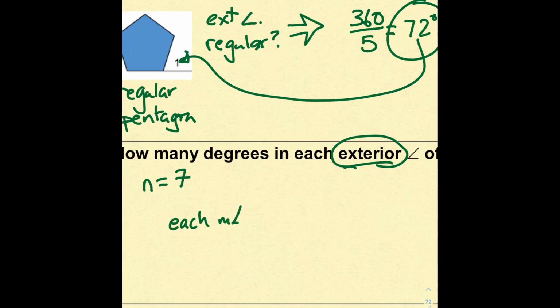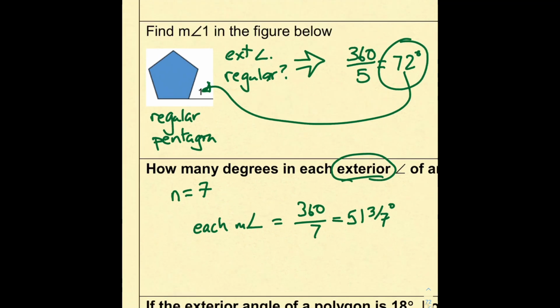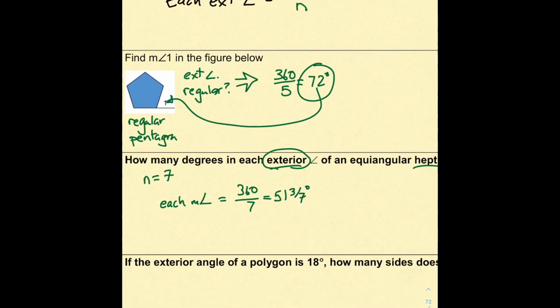Each angle will be 360 divided by 7. I think I'm going to get 51 3/7 of a degree. I think I did that right.